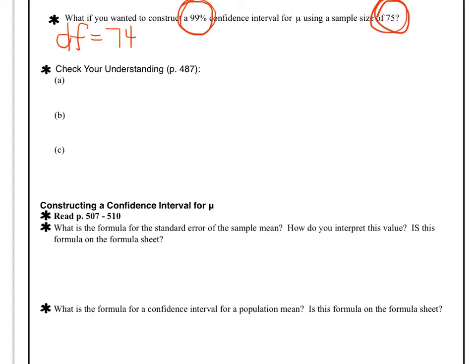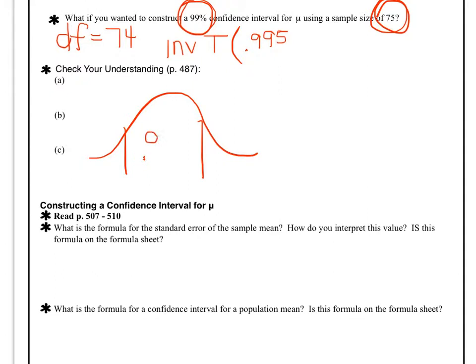And I can use my calculator, and if I use my calculator, that's inverse t, and I'm going to type in 0.995. The reason I'm typing 0.995, remember, is because we want the middle 99%, which means this right here would be 0.5%, and right here is 0.5%.